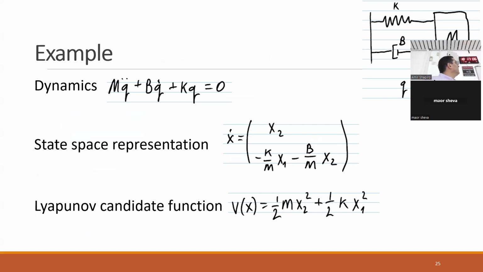We can write the dynamics as m q double dot plus b q dot plus k q equals 0, where b is the damping coefficient and k is the spring coefficient. This is the dynamics of the system.